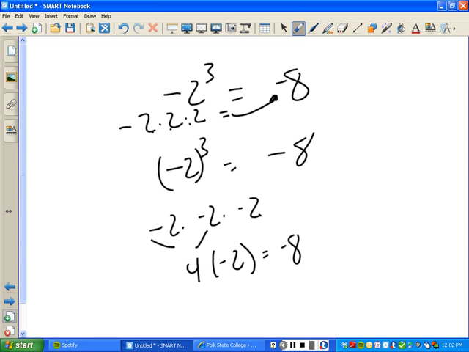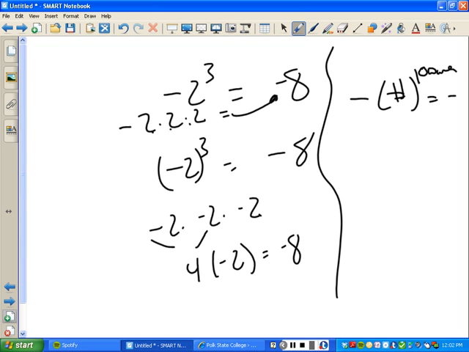Odd exponents end up being a negative answer. But understand that with a minus sign out front of a number raised to any power, the answer is going to be negative.